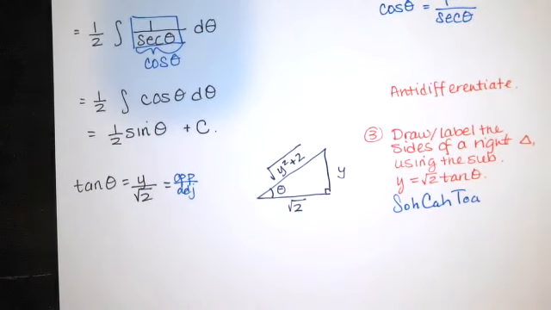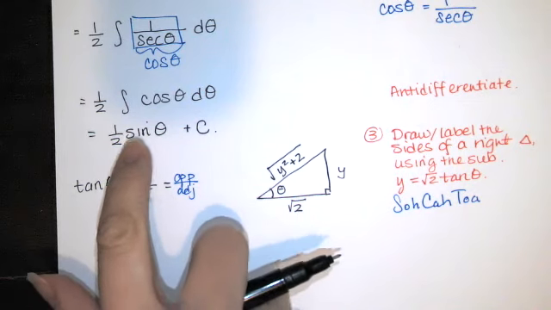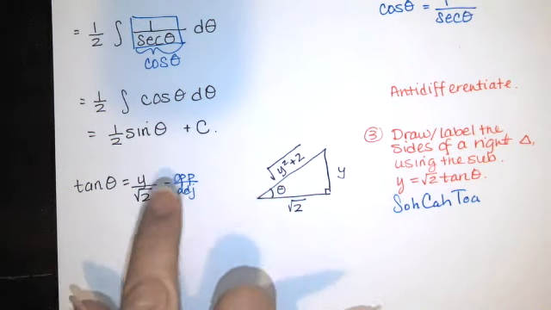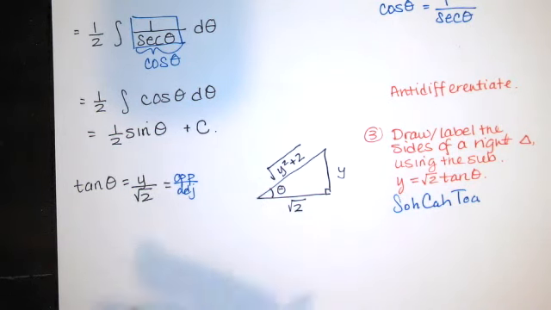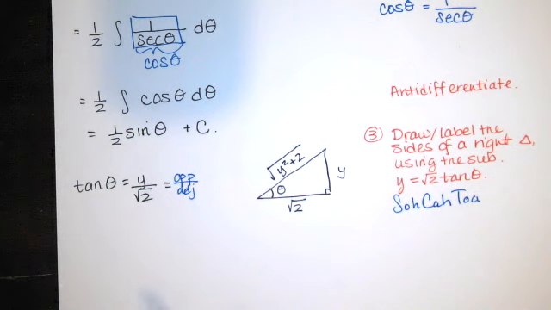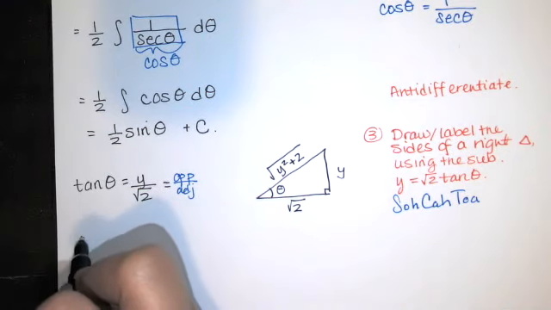Okay. Now we want our final answer, which is 1/2 sine of theta, in terms of y. So now we can use this triangle to find 1/2 sine of theta, or just sine of theta in terms of y. Because we know what the ratios of those sides should be, because we've got these side lengths relating back to that angle theta.